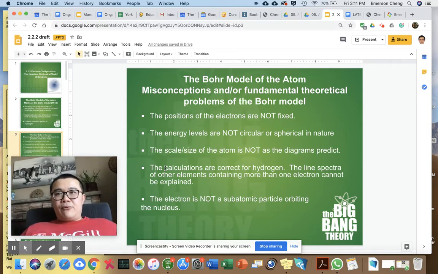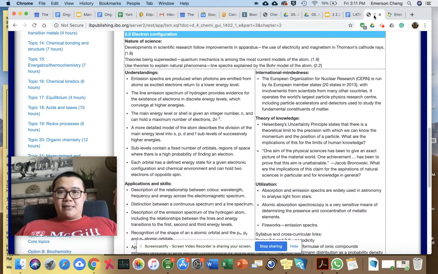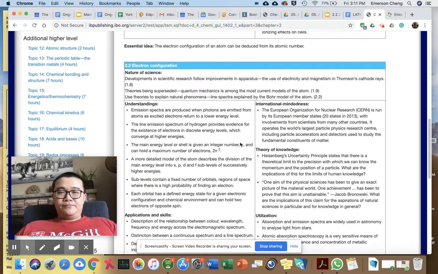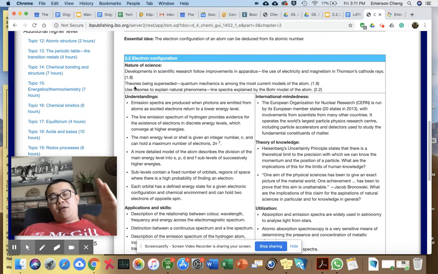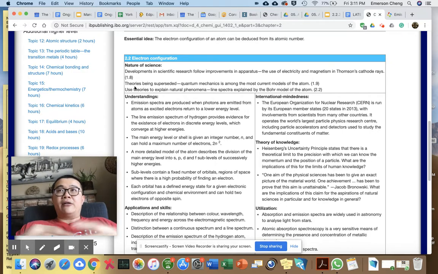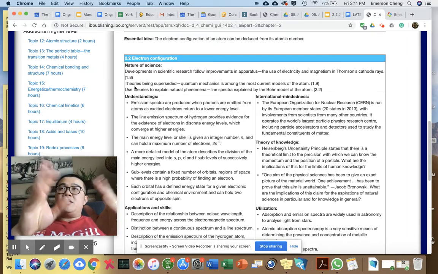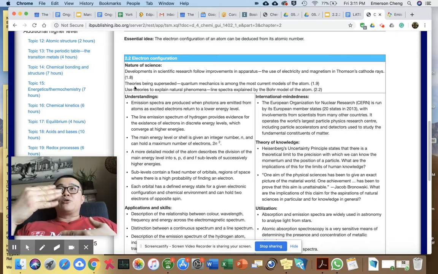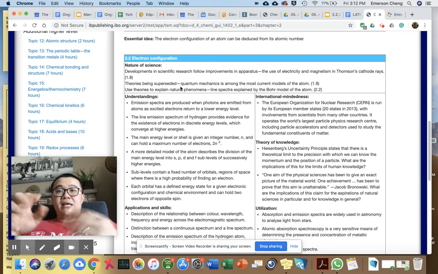One of the things I really want to point out from this lesson, and this is from the chemistry guide, is that in some ways all theories in studying how atoms and elements work keep on getting superseded and replaced when there is more data and more information. What we're learning today, the quantum mechanical model, is the most current model we're using.